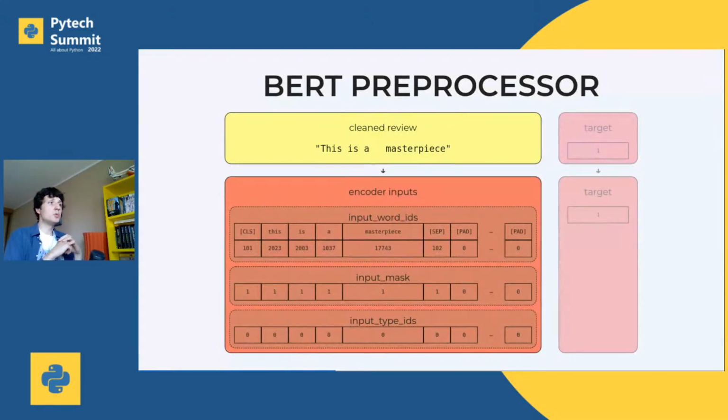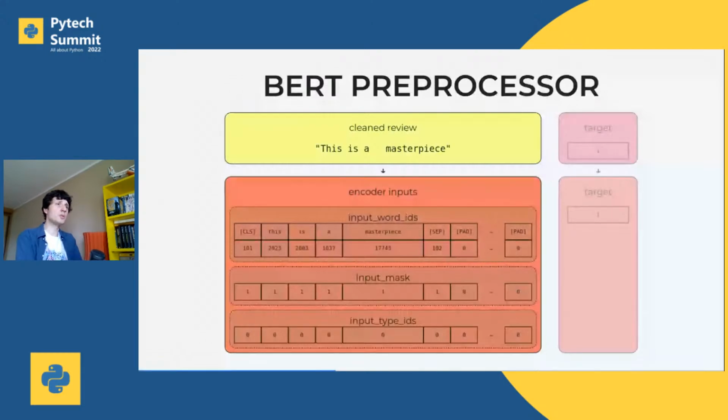The first one is input word IDs, and this contains the IDs of each token, each word in BERT's internal dictionary. You can see that each word in the sentence got some ID. There are also some special tokens: a starting token, a separator token, and some padding tokens. The next output is input mask. It shows where the input is and which tokens are padding. So there's 1 wherever we have input and 0 where we have padding.